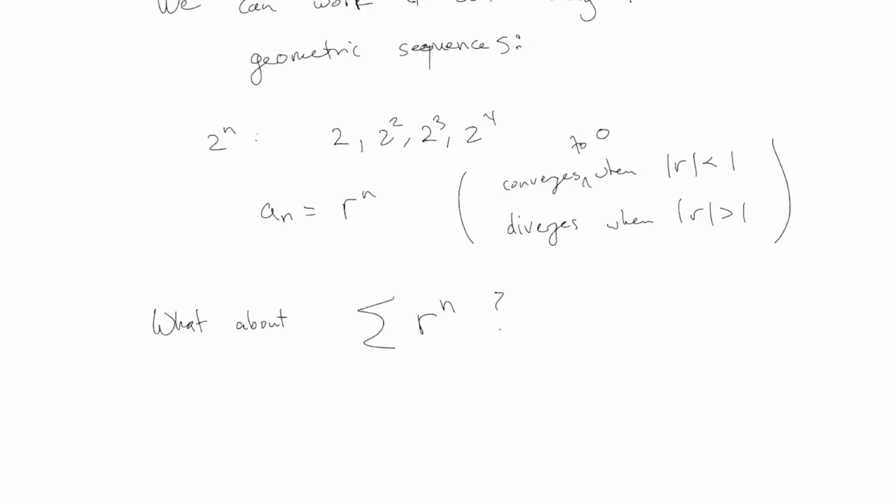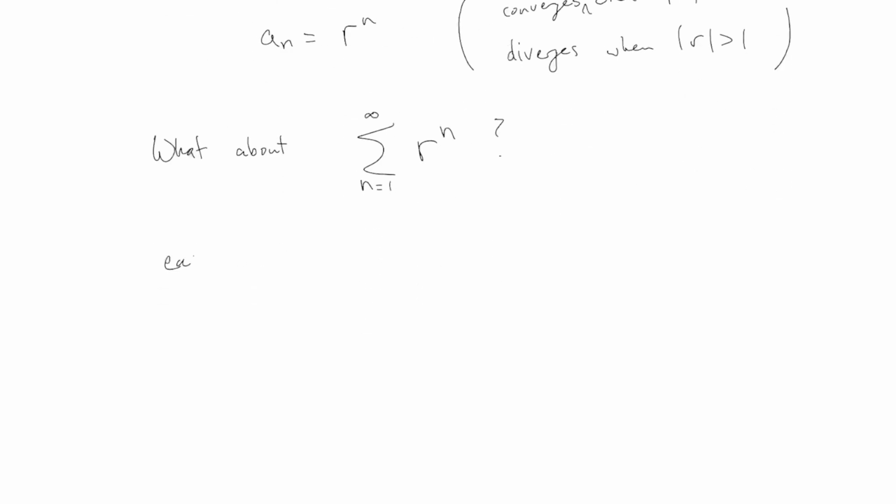We already know, depending on what r is, that the sequence by itself either converges or it doesn't. But what about when we try to add them up? We can do the partial sums here, although for technical reasons, it's actually easier to consider the sum from n equals 1 to infinity of r to the n minus 1.